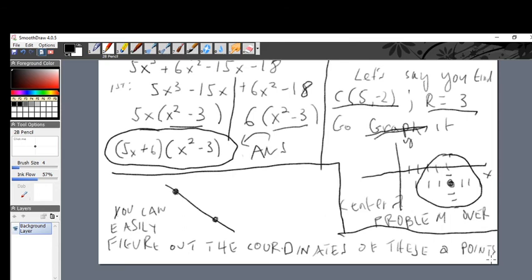Okay, so now here's the question they ask you. What is the slope? So you figure out the coordinates of this one, the x and the y, and figure out the coordinates of this one, the x and the y. This one will be your x1, y1.